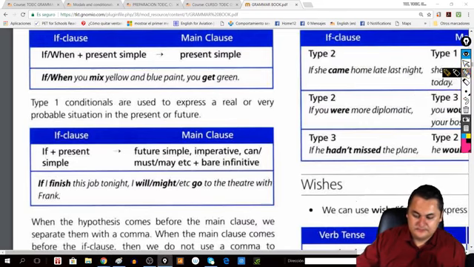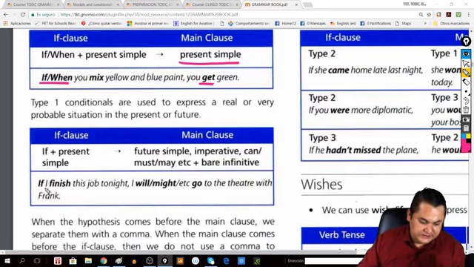If or when you mix yellow and blue paint, you get green. In that case, we're talking about a verb in its simple present form. The second one is if. You don't use when anymore, you use if. The first part is in simple present.